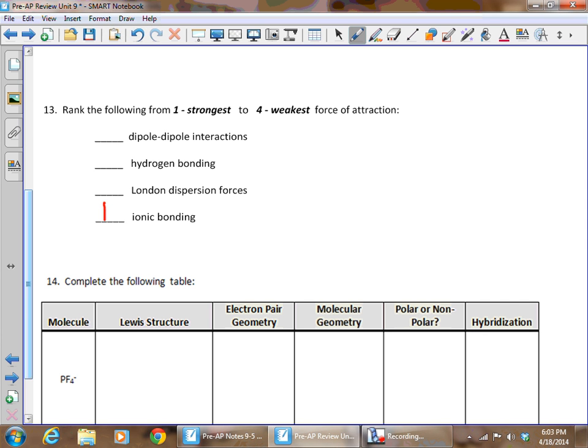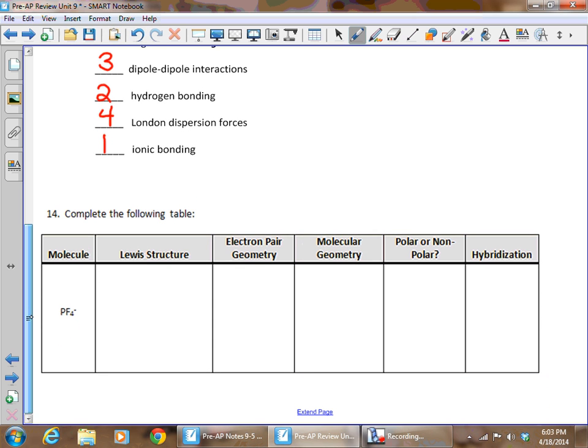The next strongest is going to be the hydrogen bonding. Then comes the dipole-dipole interactions, and finally London dispersion forces between nonpolar substances with that induced dipole thing going on. That's going to be your weakest of the IMFs, the weakest of the forces.